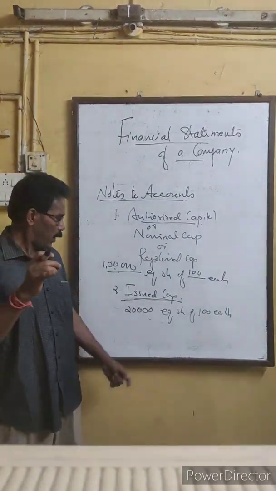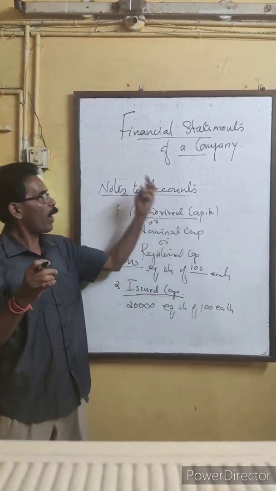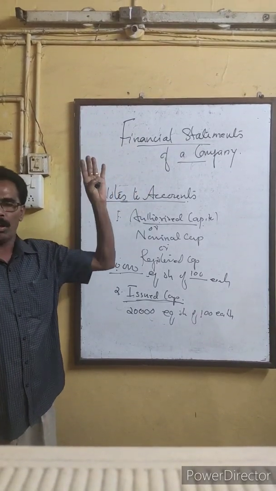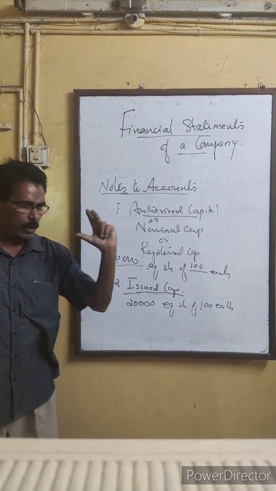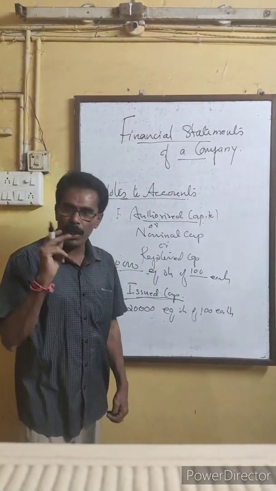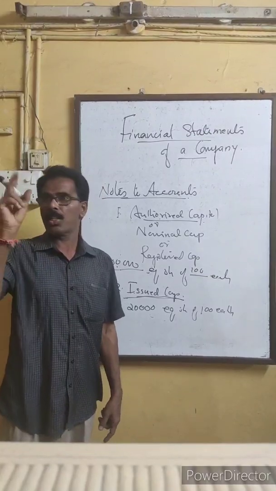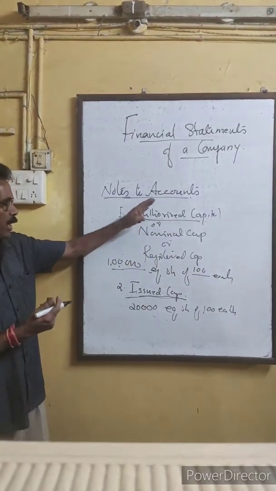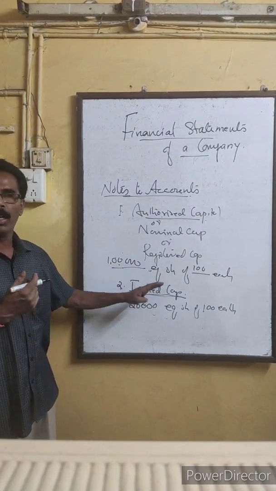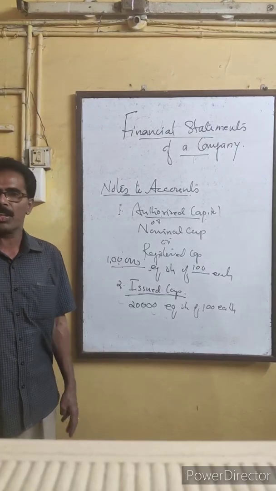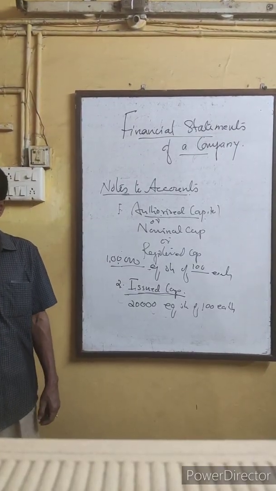We have explained about the financial statements and shown you the format: equity and liabilities, shareholders' funds and share capital. In that share capital there is a classification: authorized capital, issued capital, subscribed capital, called up capital, paid up capital. There are so many classifications, so one by one we are going to explain it.